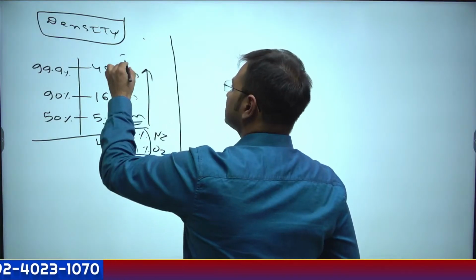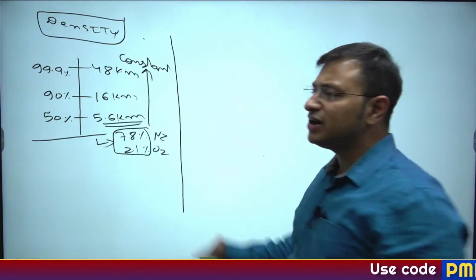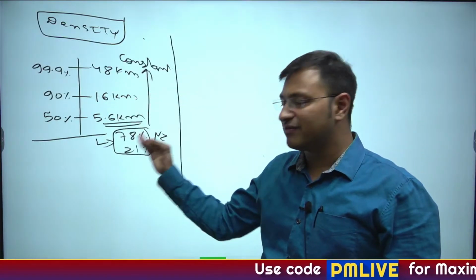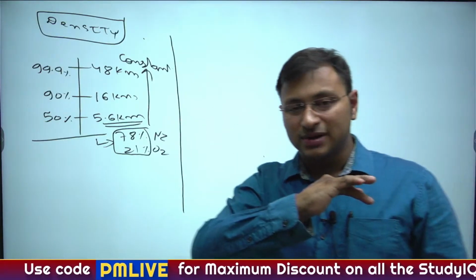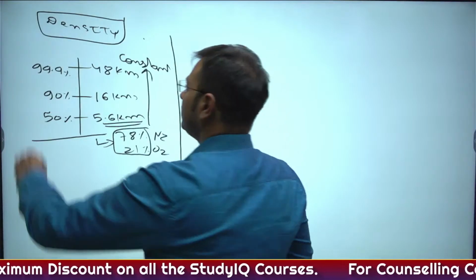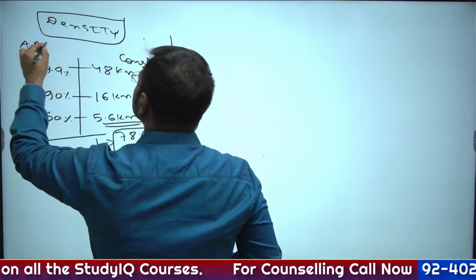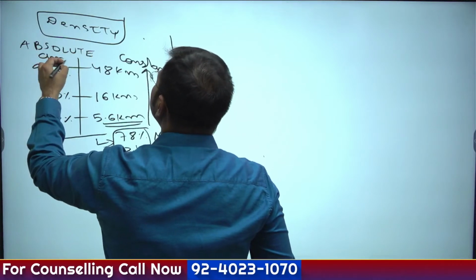No, this percentage is constant. At a height of around 48 kilometers too, you will still be finding 78% nitrogen and 21% oxygen. The percentage proportion of gases in the atmosphere is fixed. What is going to vary is their absolute amount.